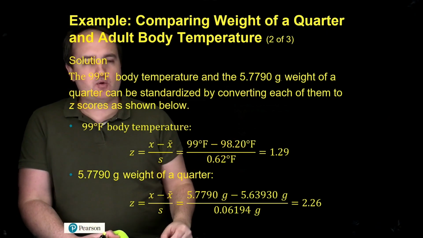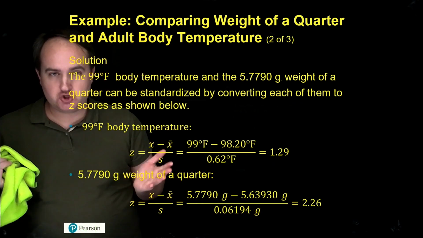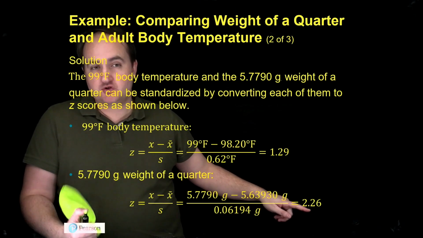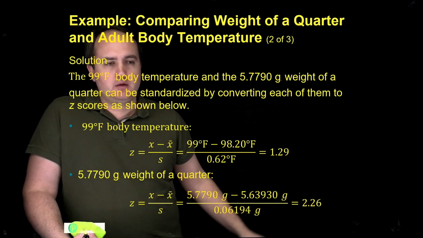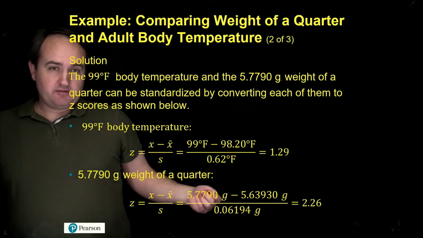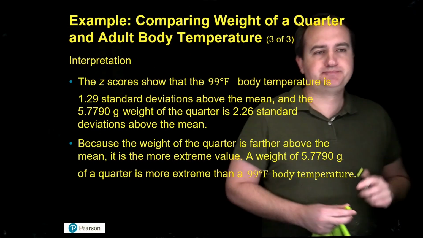When they ask us that question, well, which number is larger in magnitude? Well, 2.26 is more extreme because it's a larger number in magnitude. It's larger than 1.29. So we would say that the weight of the quarter is actually more extreme.